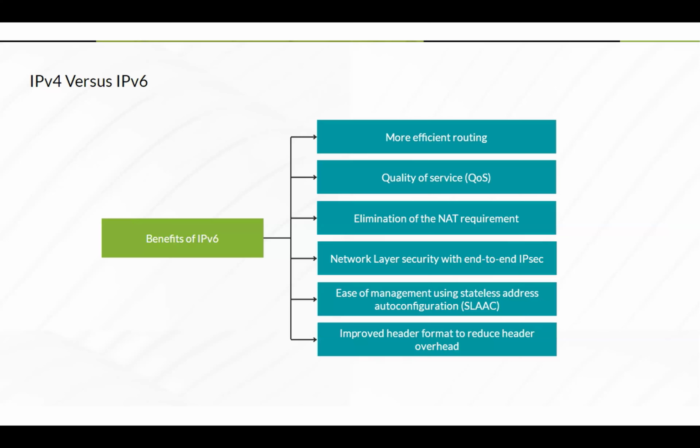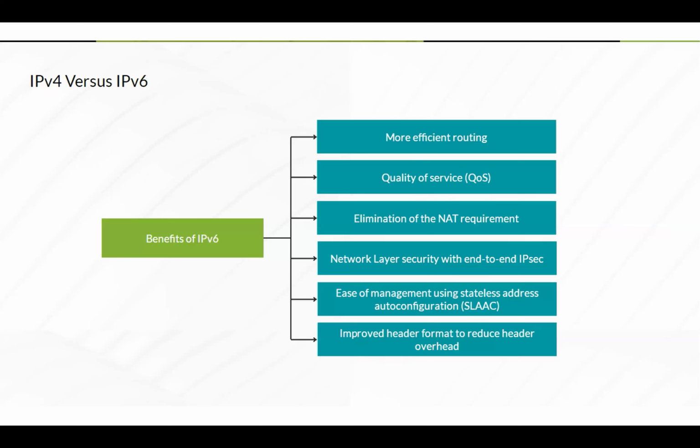If I do NAT in our router, the NAT process also takes local resources, CPU, RAM, but in IPv6 no need for NAT. So your router has more resources to utilize for other processes.